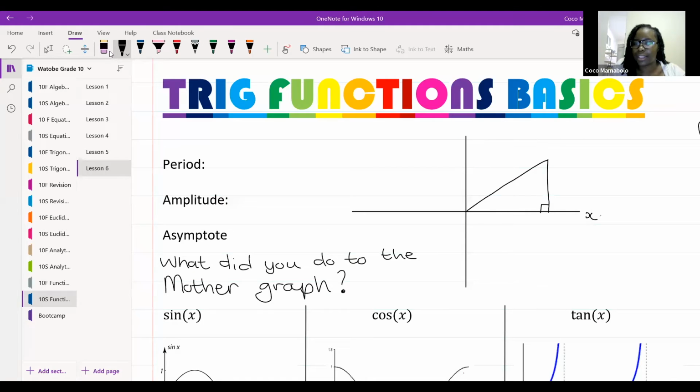This was X, and this was Y. This was 0 degrees, 90 degrees, 180 degrees, 270 degrees, and this would take us back to 360. Do you guys see why my graph repeats after 360? Give me a thumbs up if you can already see why. What's going to happen, guys?